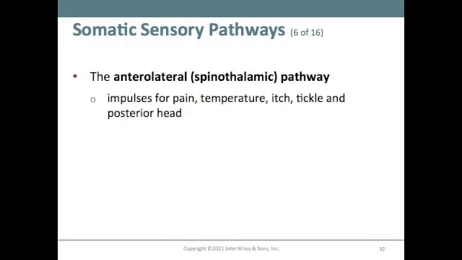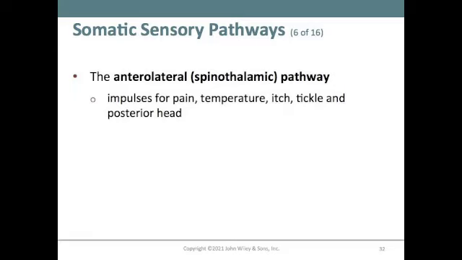Moving on to the anterolateral pathway, this pathway conveys nerve impulses for pain, temperature, touch, and pressure to the cerebral cortex. In this pathway, primary neurons extend from the peripheral sensory receptors into the spinal cord where they synapse with second-order neurons. Then the axons of the secondary neurons decussate in the spinal cord and then ascend to the thalamus as the spinothalamic tract.